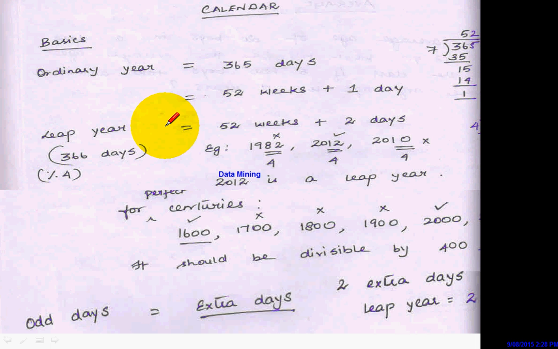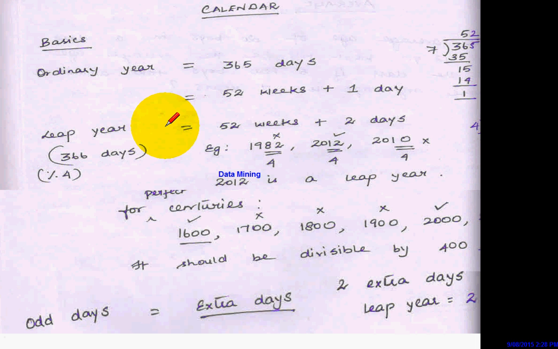Suppose we take a leap year. The case is different because in a leap year we have 366 days in all. One day is extra because in an ordinary year, the month of February usually has 28 days, whereas in a leap year February has 29 days.